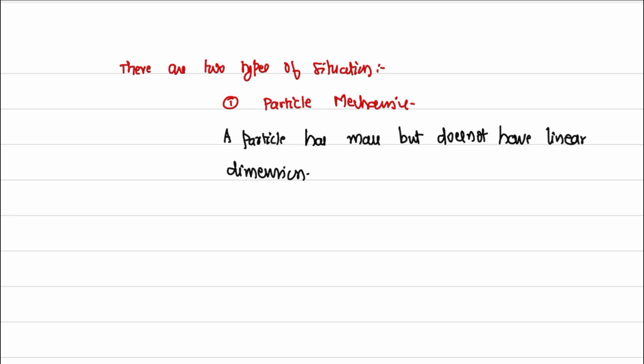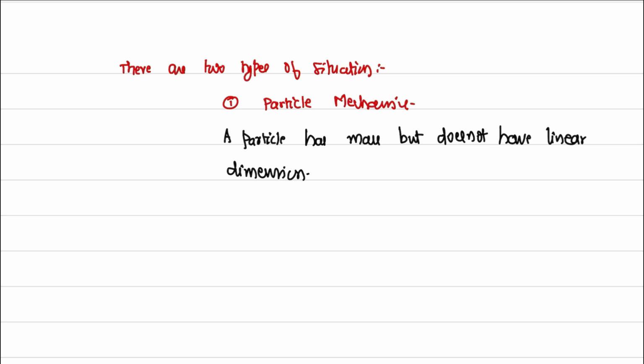How big the mass may be, 2 kg mass, 3 kg mass, 2 grams mass, 2 milligram mass. If you treat it as a particle, it does not have any linear dimensions. That means diameter, length, breadth, height, linear dimensions are negligible, or they are not there, or they are not considered in particle mechanics.